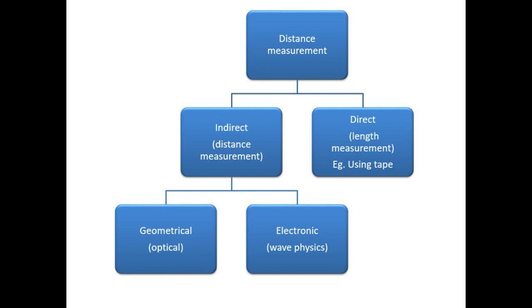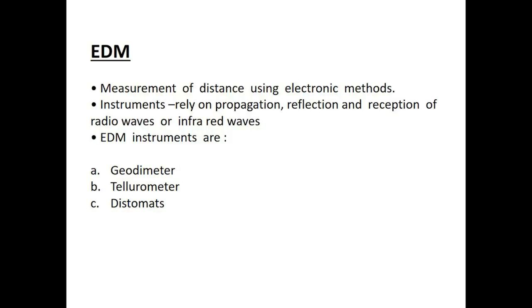So in geometrical, we use optical measures, and in electronics, we use wave physics. So EDM, as the name suggests, it measures the distance using electronic methods. So the instruments rely on the propagation, reflection and reception of radio or infrared waves. And the EDM instruments are geodimeter, tellurometer and distomats.